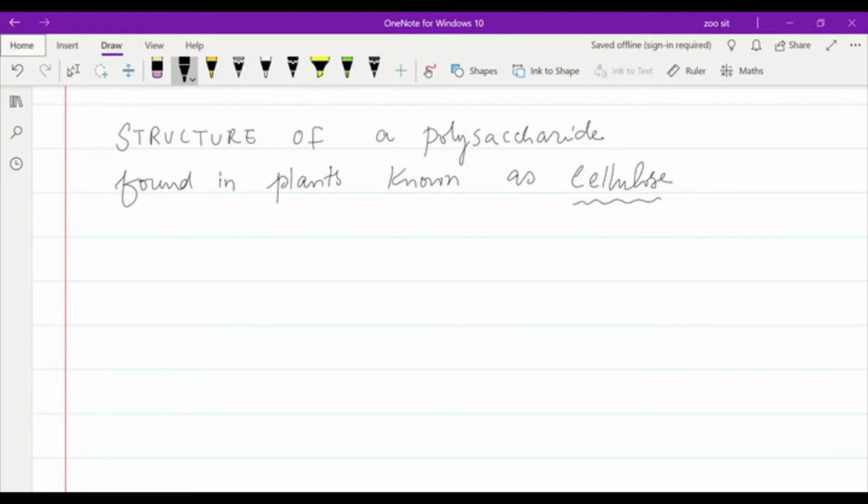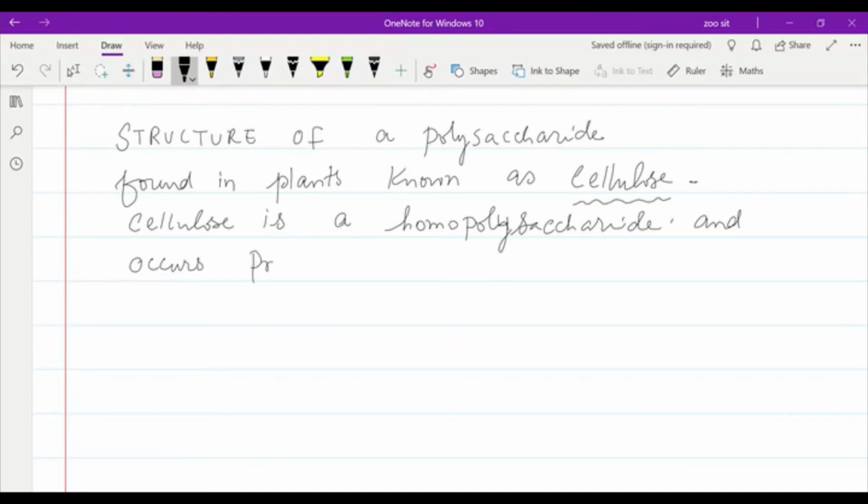Cellulose is again a homopolysaccharide and occurs predominantly in plants as the most abundant organic substance.